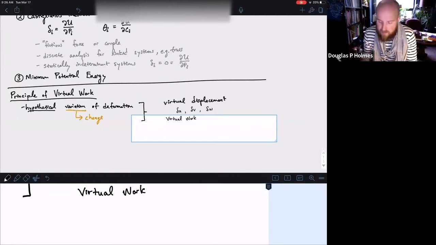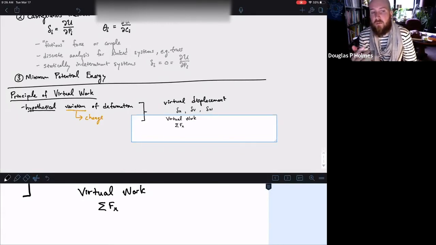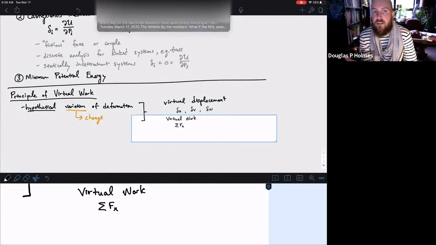The important part is this. If I want to write down the virtual work, it's going to look similar to the way we would write down work typically. I'm going to have the summation of, say, the force in the x direction. Now that's the real force. You never consider a hypothetical or pretend force.